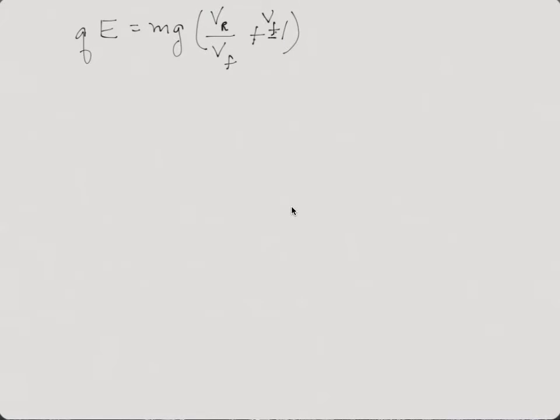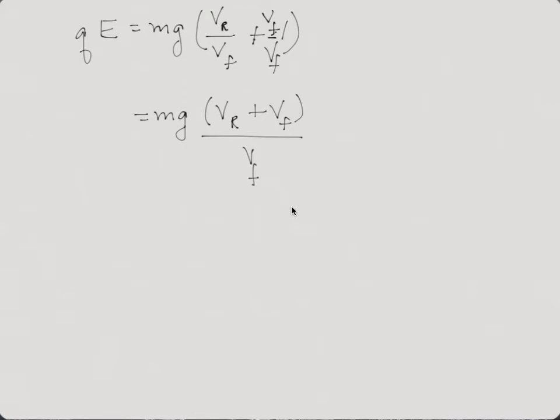That's going to be the fall velocity over the fall velocity. So when you multiply 1 times 1, you just get 1. So we end up with mg times VR plus VF all over VF.